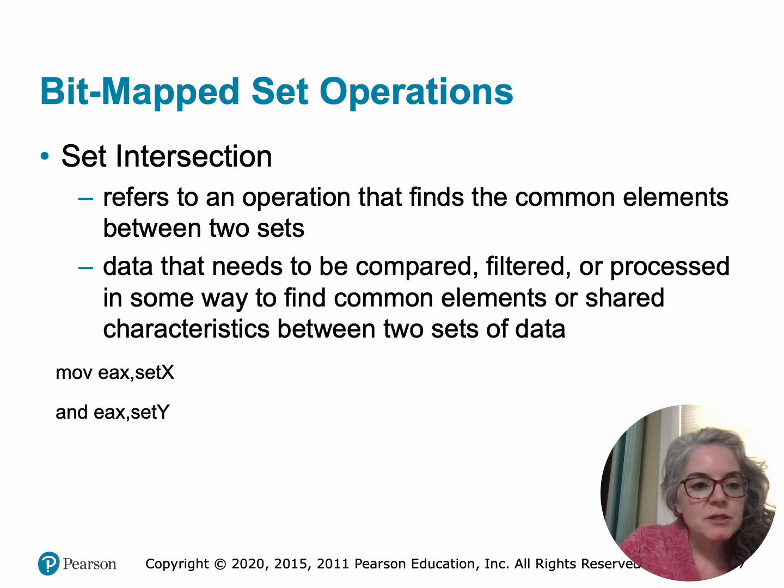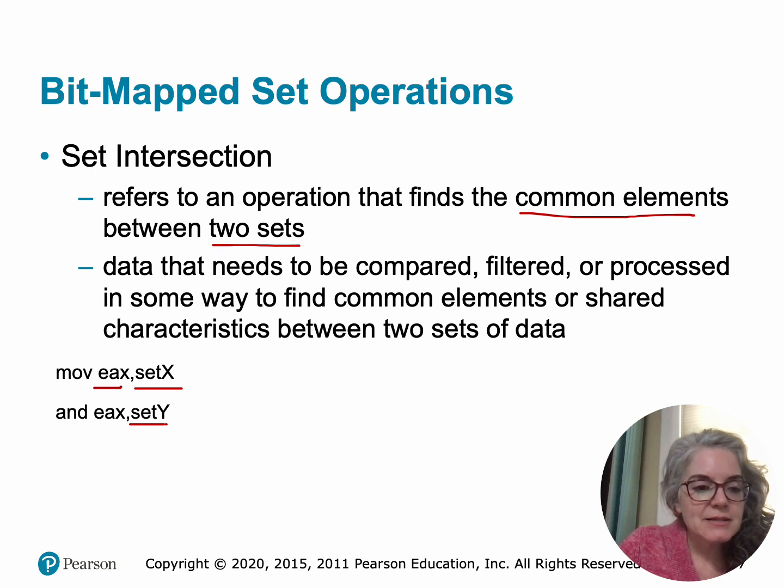Set intersection refers to an operation that finds the common elements between two sets. So here's a set X, and set X gets moved into EAX, set Y then gets ANDed with EAX.